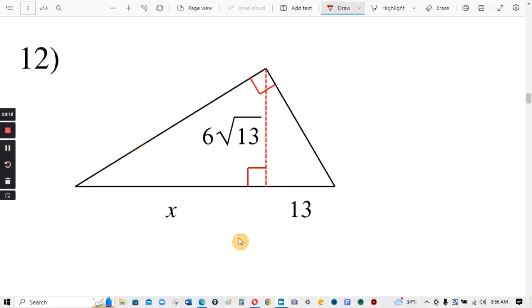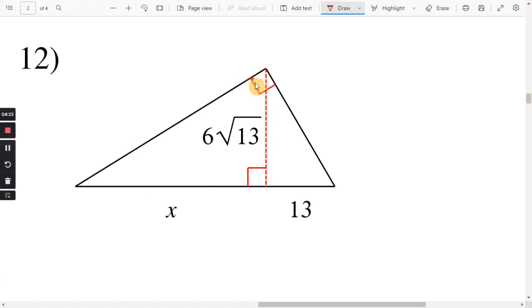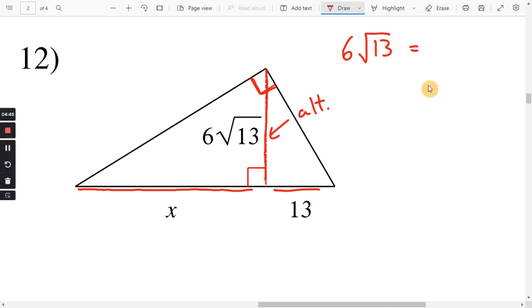All right, let's look at number 12. We see the right angle here. This right here is going to be the altitude. Okay, I'll just write ALT. So the altitude is 6 radical 13, and that's going to be the geometric mean of x and 13.